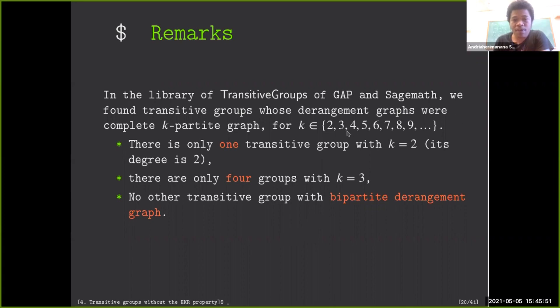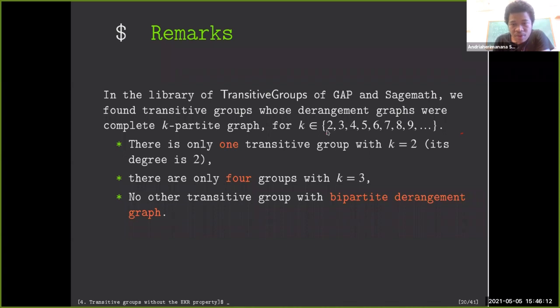We found transitive groups whose derangement graphs are a complete k-partite graph for these values of k. And here the degree of the group, the transitive groups in Sage, I think it's at most 37.